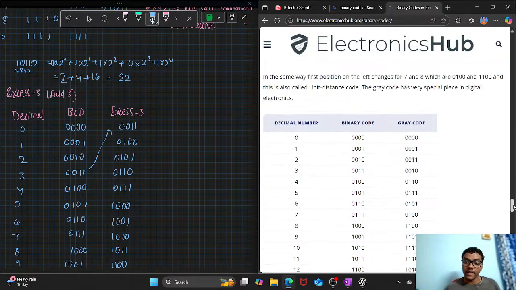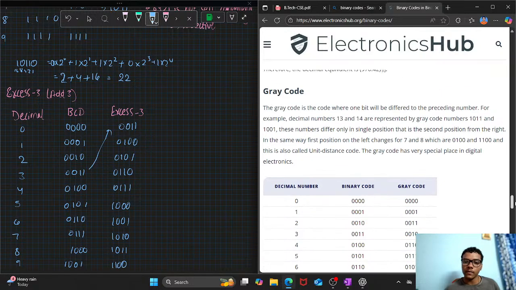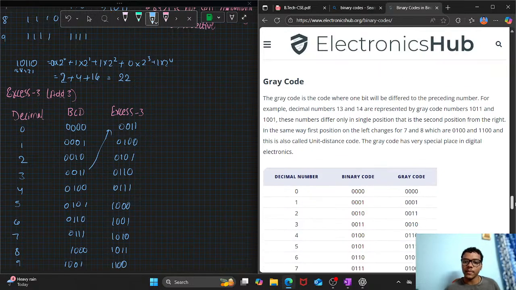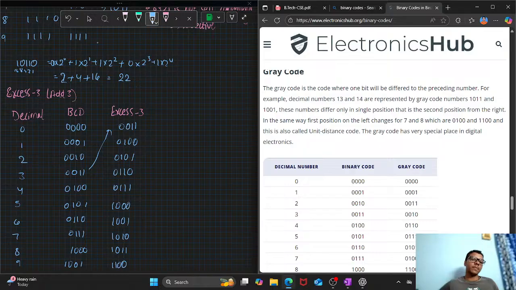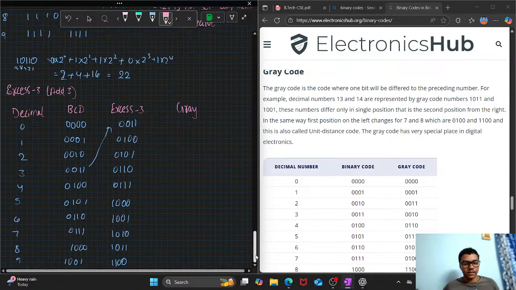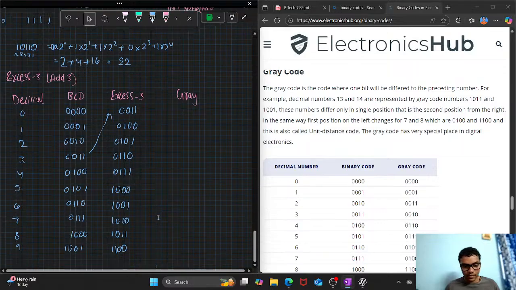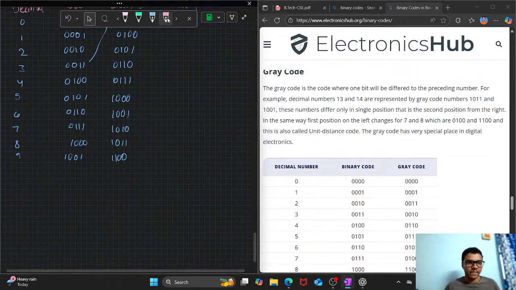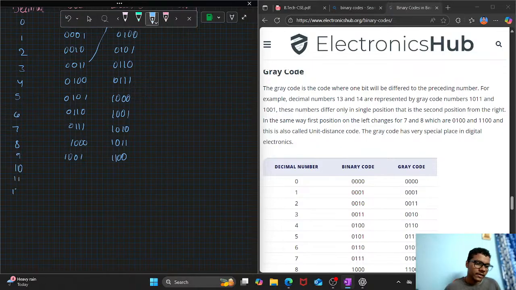And gray code is a code where only one bit is different between consecutive values. Let's write the gray code also here, shall we? Actually, it is written until 4 bits, so let's do it until 4 bits: 10, 11, 12, 13, 14, 15.